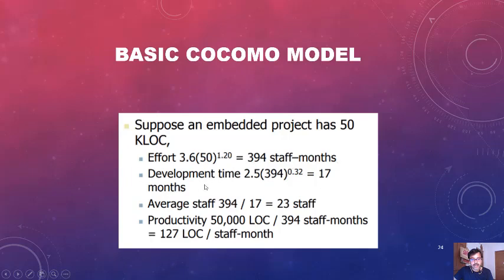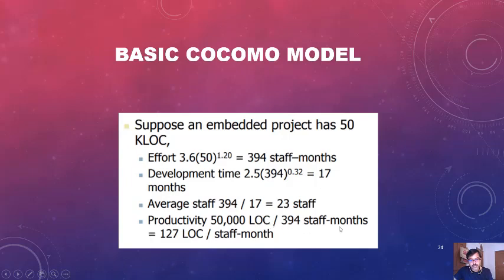The productivity is equal to 50,000 LOC, lines of code, divided by 394 staff months or person months, which is equal to 127 lines of code per staff month. So this was the productivity: 127 lines of code per person month or per staff month.